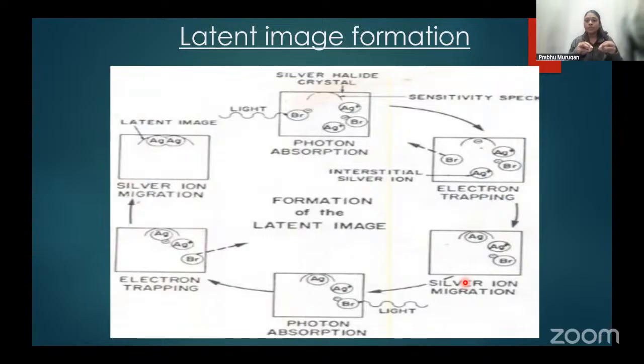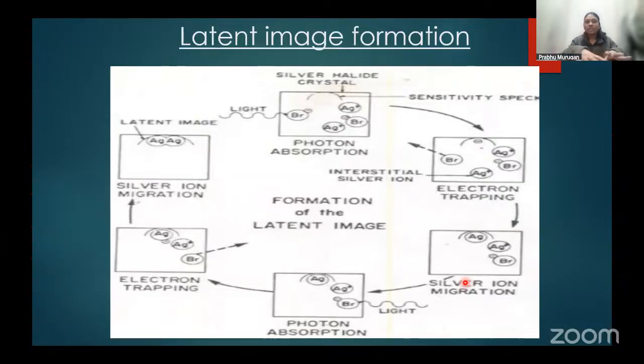Okay, so this will create some kind of irregularities on the X-ray film. So whenever there is X-ray photon absorption, these irregularities will tend to create something called sensitivity sites. These sensitivity sites will be negatively charged. The incoming X-ray photon comes and creates this sensitivity site that is negatively charged.